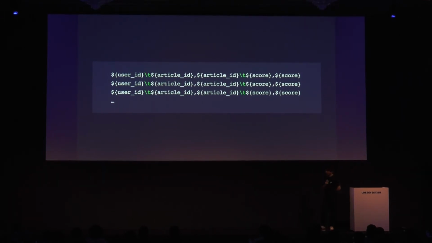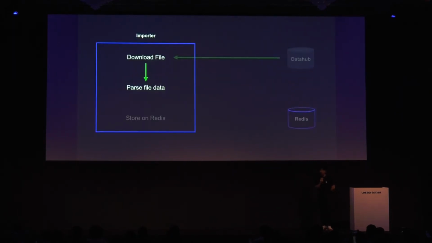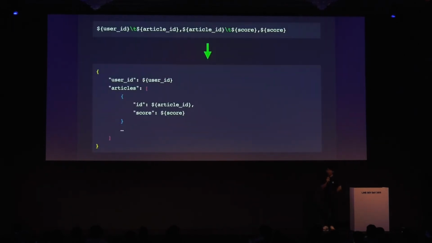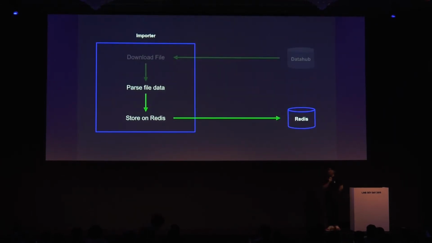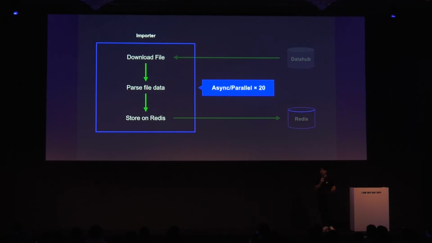And commas are used to separate the article IDs and score lists. Article ID and score are indexed. Each line is parsed to look like this, to generate the combination list of user ID, article ID, and the score, and the converted data will be stored in Redis using user ID as a key.